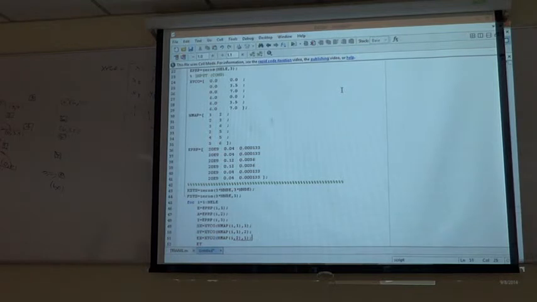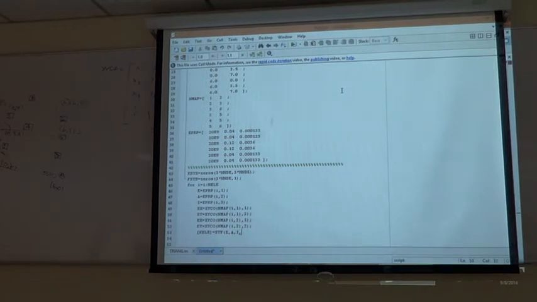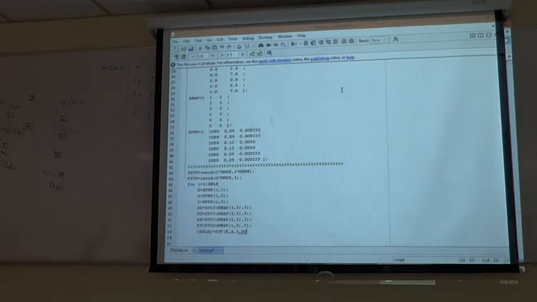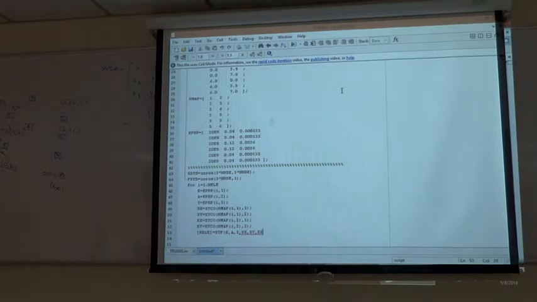Then EY is XY co nmap I, comma 2, comma 2. So I can put SX, SY, EX, and EY. I have all of them.